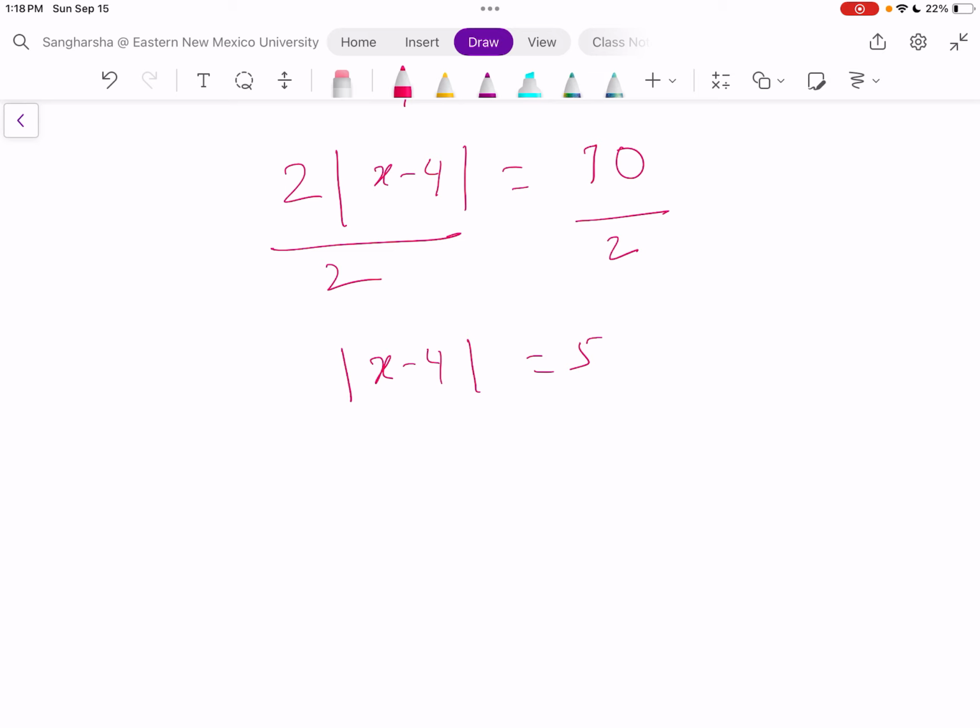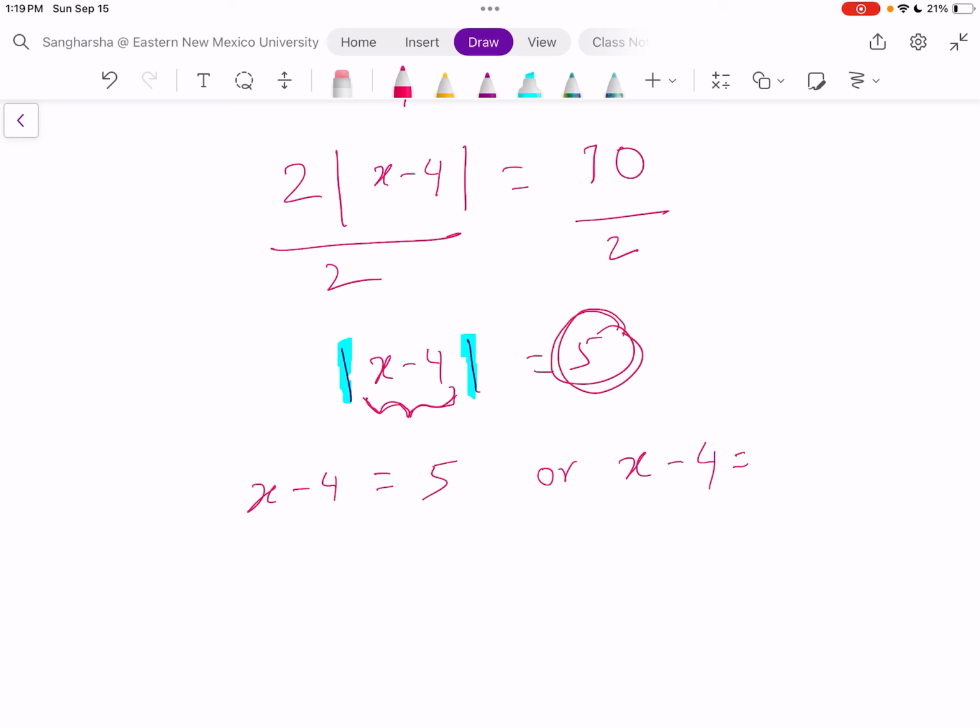Next we have to get rid of this absolute value sign. We need to rewrite this equation without using the absolute value sign. How do we do that? You take whatever you have inside the absolute value sign, x minus 4 equals positive of the right side, positive 5, or x minus 4 equals negative of the right side.